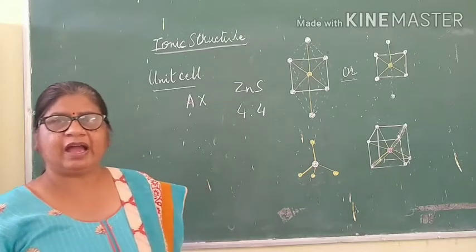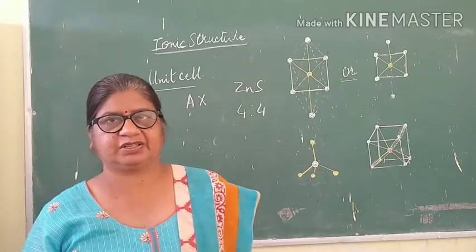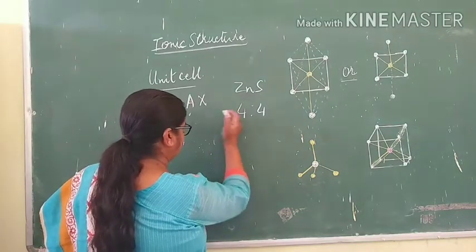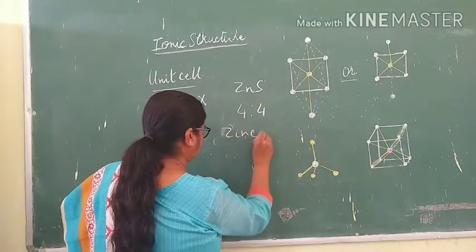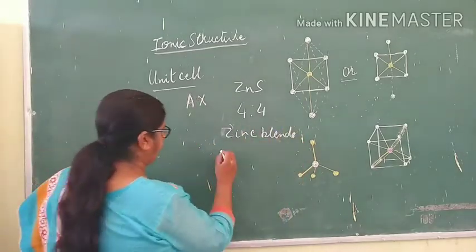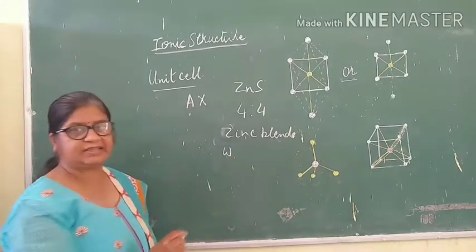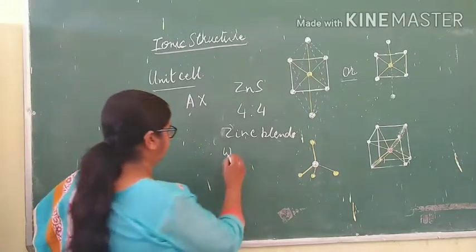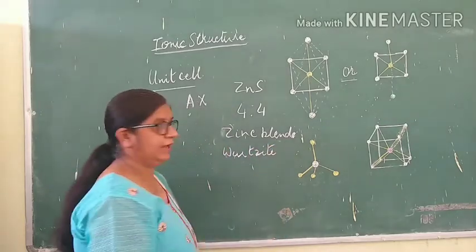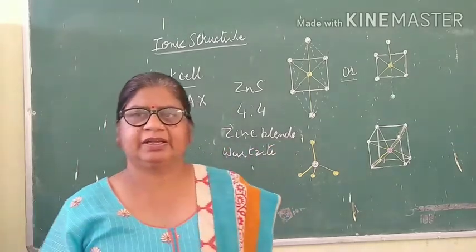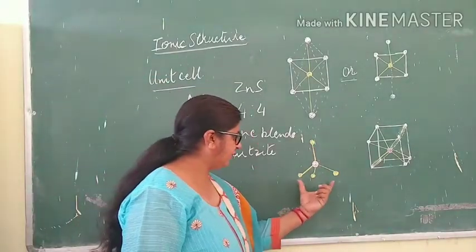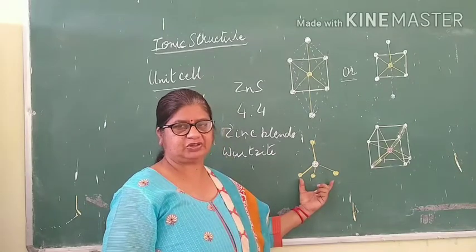Here we have two types of structures for zinc sulfide. One is the zinc blende type of structure, and the other is the wurtzite type of structure. Both the zinc blende structure and the wurtzite structure have a tetrahedral structure.